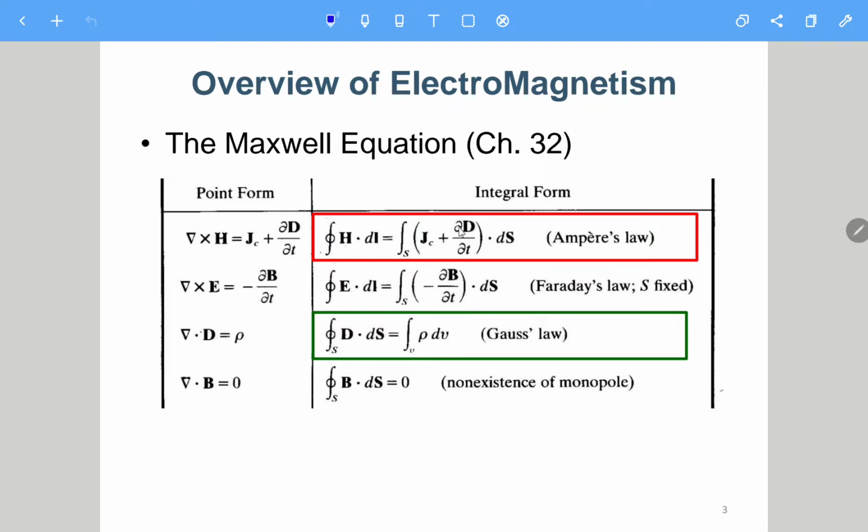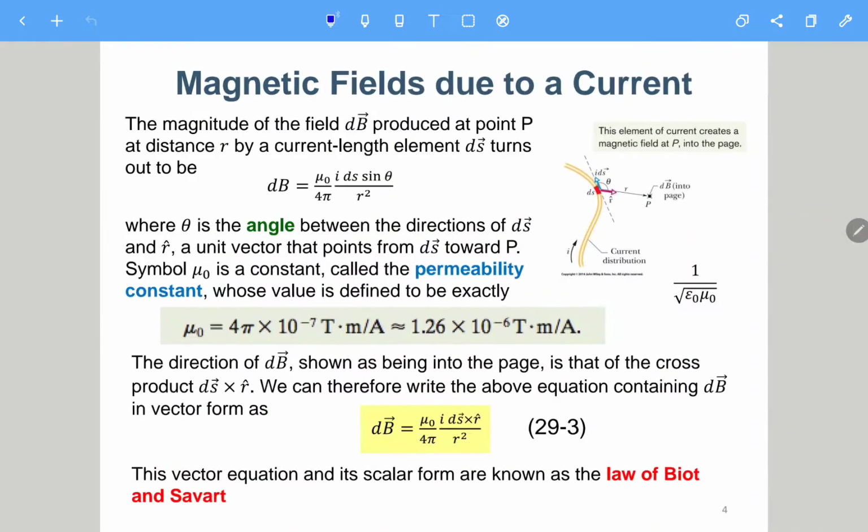You can regard it as the current going through the capacitor. Then in the next chapter, we'll talk about Faraday's law, so that we basically finish all the laws in the Maxwell equations. And of course, this one is another Gauss's law. We will also talk about this in chapter 32.